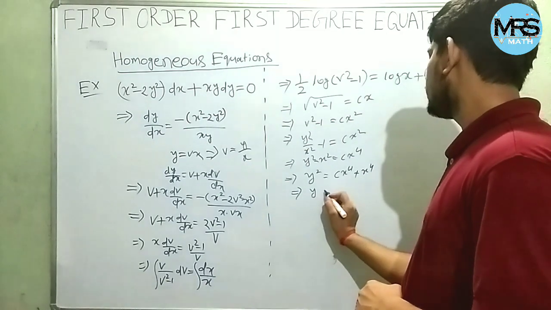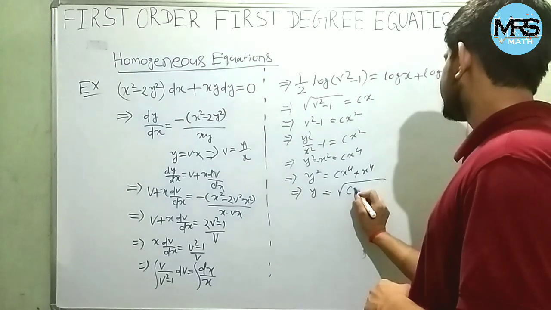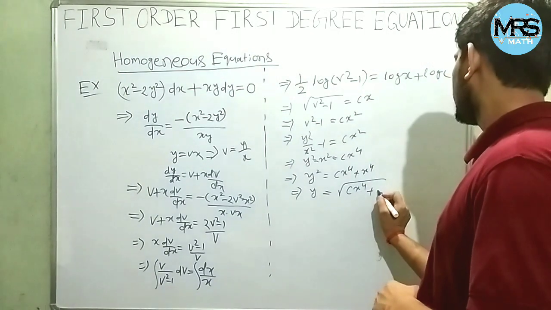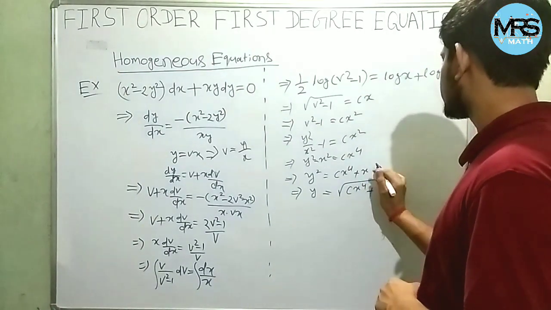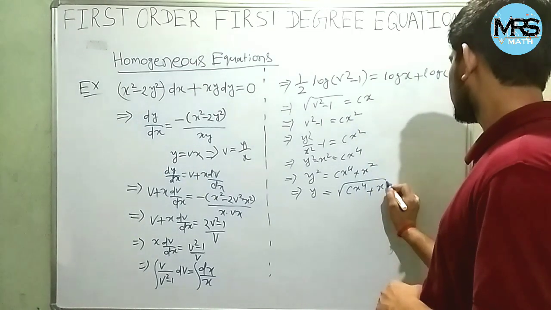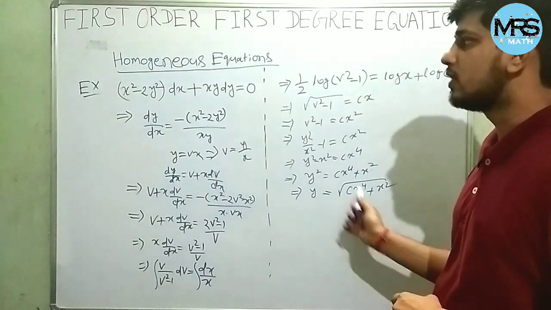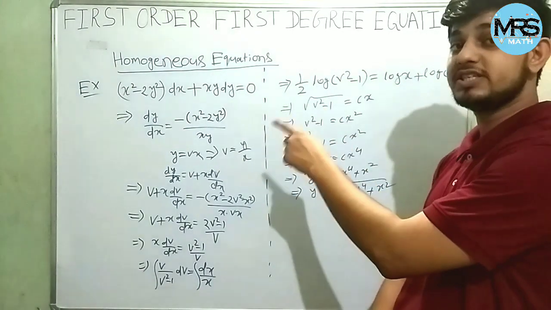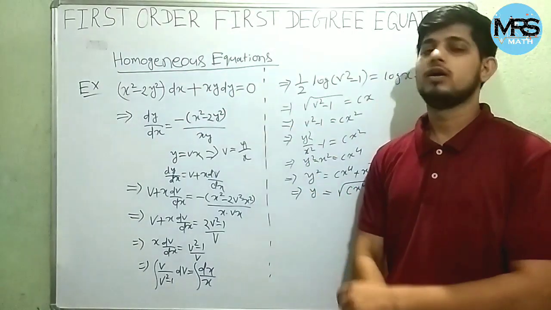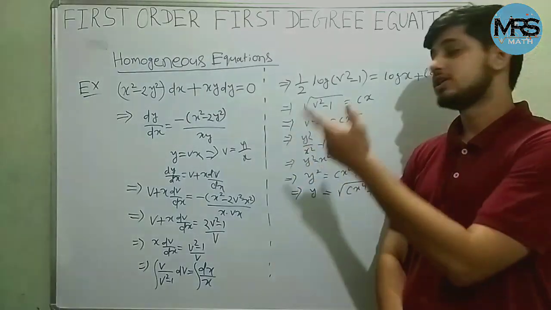And y will be root over of this, c x fourth plus x square, right? Correct students? So this is the solution for the differential equation, for the homogeneous differential equation, and we used the separable variable method.